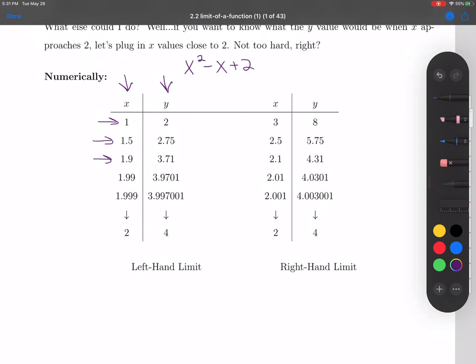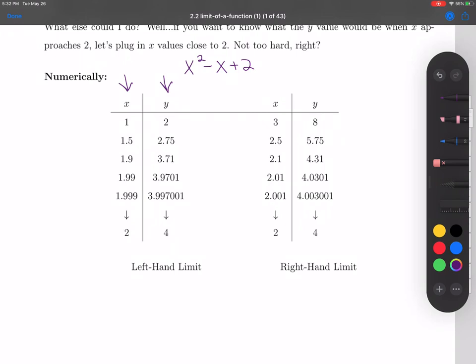Plug in 1.5, you'll get 2.75. Plug in 1.9, 3.71. You come down here, plug in 1.999. You get something that's close to 4, right? 3.997001. So what do we assume here? Well, what you can kind of make an approximation of, or an assumption, is that as you are getting close to 2, your y values are getting close to 4.